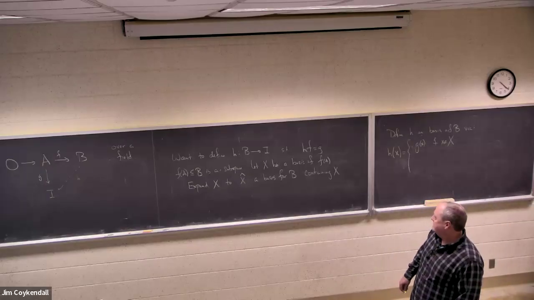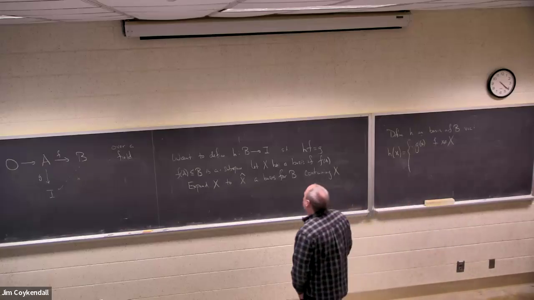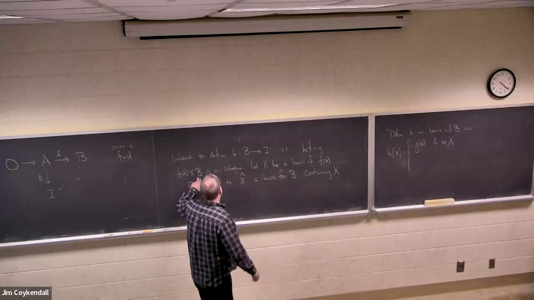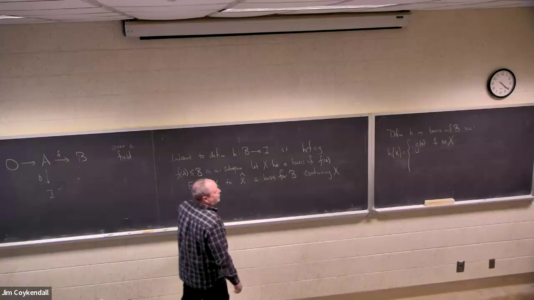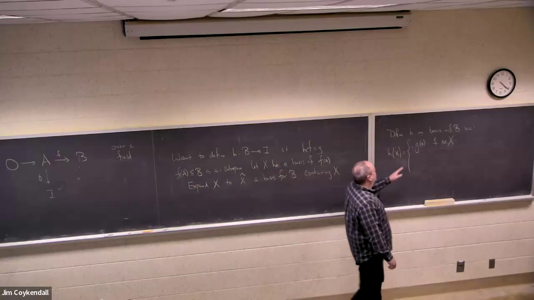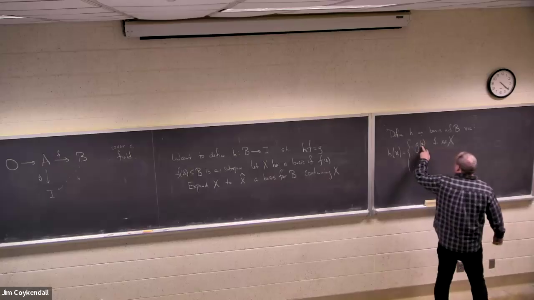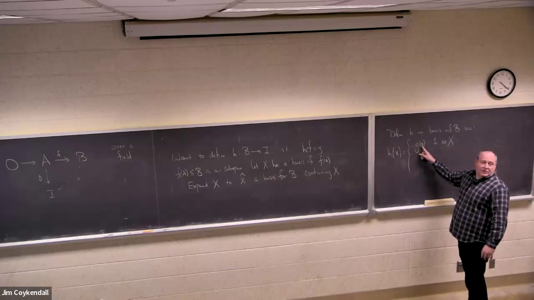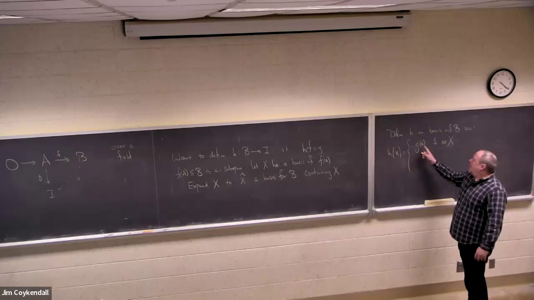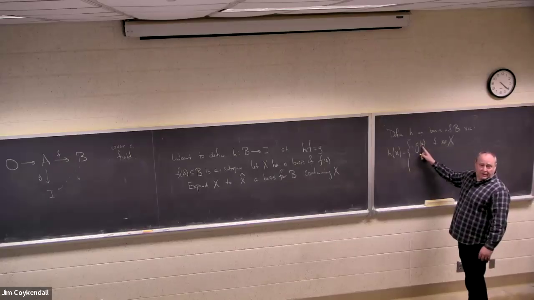Like big X is the basis for B, so it's all inside of B. I mean, I could use better notation, but I consider this to be the inclusion of the basis. Sure. So yeah, you're right. What that really is, there's a unique preimage back in A, and it is unique because F is one to one.